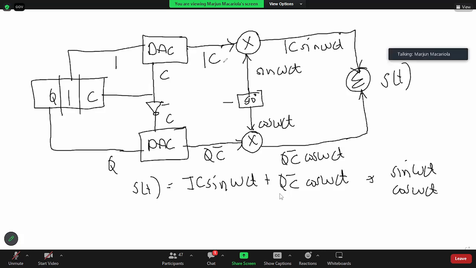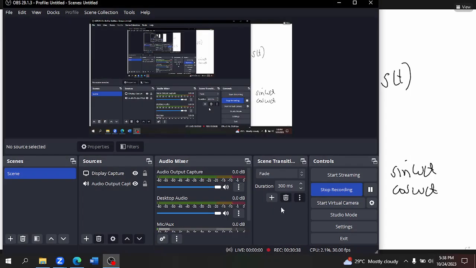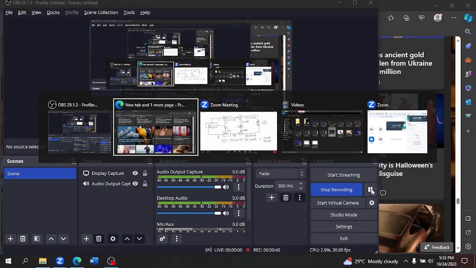Ano lang, bio break or water break 5 minutes. Nag-aral po kami sa mabuti.